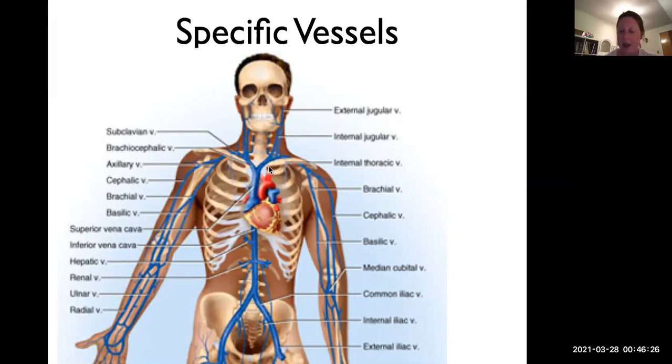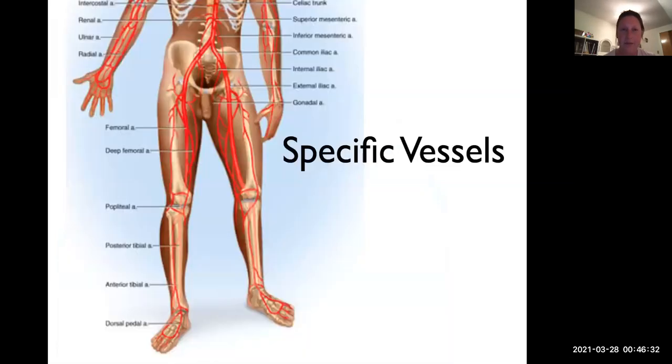let's take a look at the vessels that serve the lower body. Okay, first the arteries. Here we have the aorta, the descending aorta coming down. As the descending aorta reaches the level of your hips, it branches, and each one of those branches is called the iliac artery.